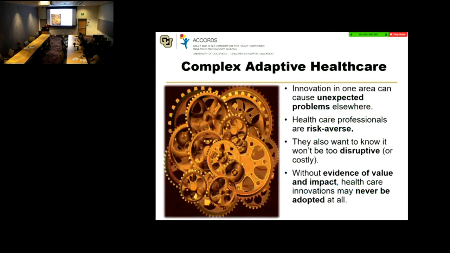It's even more important in healthcare because healthcare is complex. Healthcare is incredibly complicated. This is not news to anybody in this room, anybody on the Zoom call. When you're making changes in a complex adaptive system like healthcare, you make a change in one area and you have unexpected consequences in another. Actions have outcomes. Outcomes have results, sometimes good.